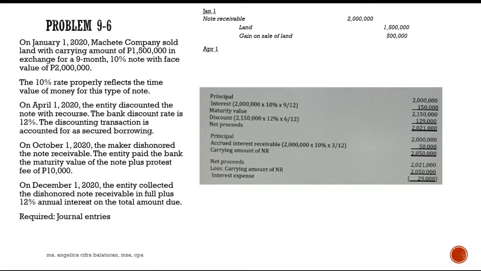So, kung mangutana ang sa problem, kung pila ang interest expense, so ang tubag ana niya is the difference between the net proceeds and the carrying amount. Kung conditional sale siya, nya nangutana siya interest expense, so walay interest expense, di ba? Kaysa conditional sale, ang interest expense, ang pangan man niya kay loss man on notes receivable discounting. Dili man siya interest expense.